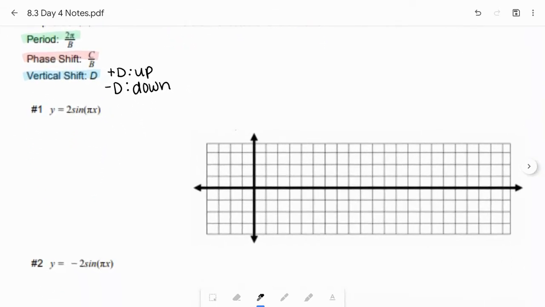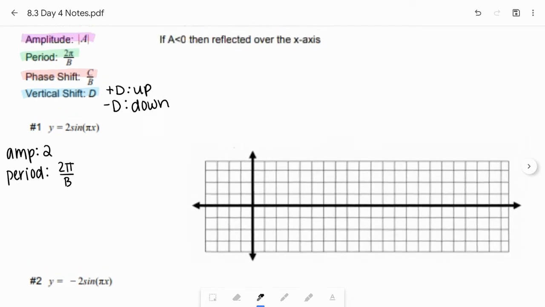So in our first example, we are given y is equal to 2 sine pi x. Let's first identify our key information. Our amplitude is 2. That's our a, the coefficient out front. Our period, we find this by 2 pi over b.